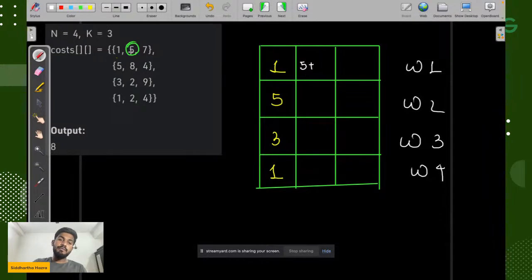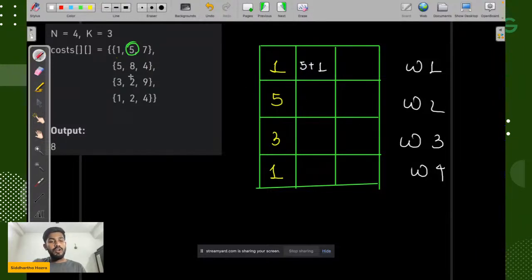If I am painting this wall with the first color, then it would be the minimum of all this, because if we paint with this color, we can't take this color for the previous wall, but we can take all the rest. That is why the minimum of all this is 1, that is 6. Okay, 5 plus 1.